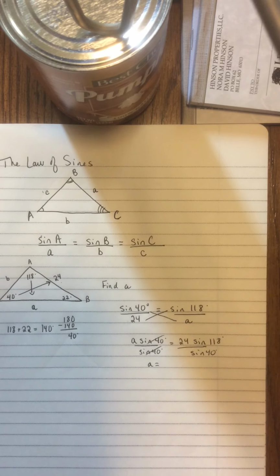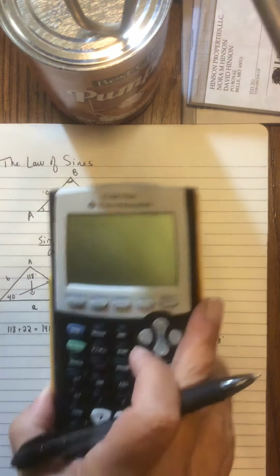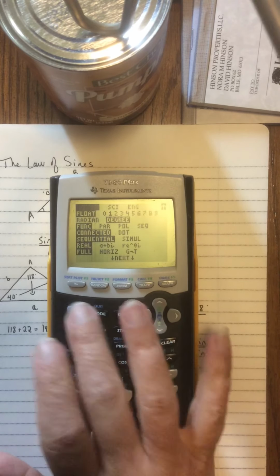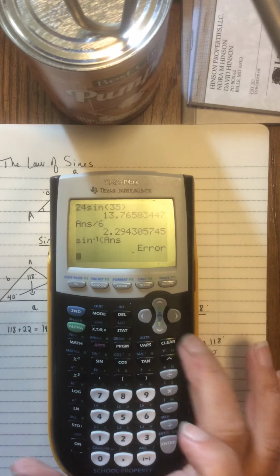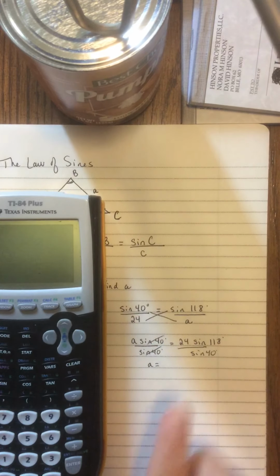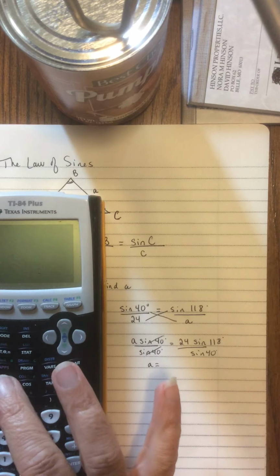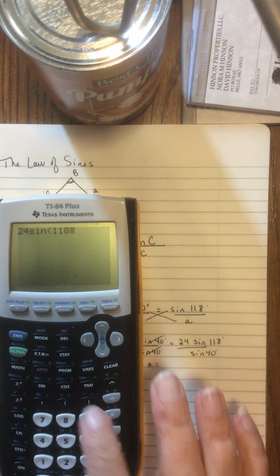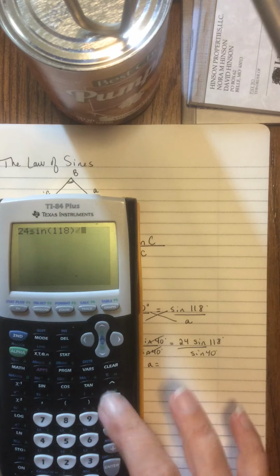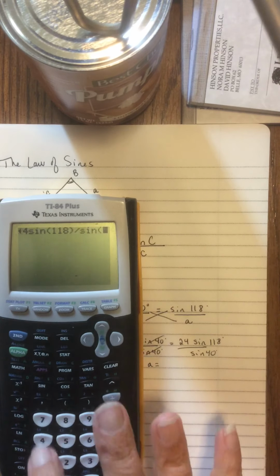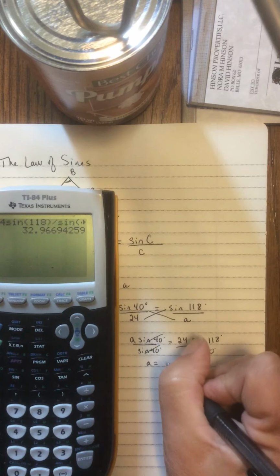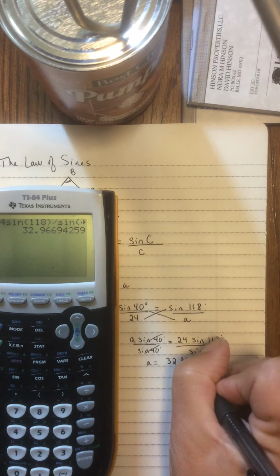So a is equal to, now when you get your calculator, make sure you're in degree mode. First thing I'll do is make sure I am. So here we go. 24 multiplied by the sine of 118, close the parenthesis, divided by the sine of 40. Tells me that a is 32.97.